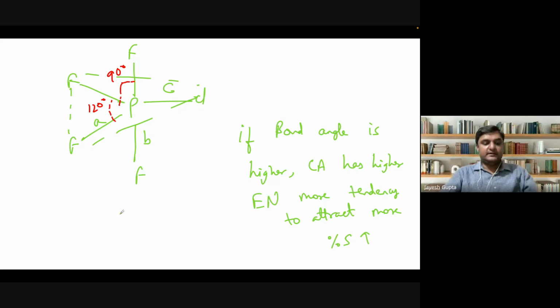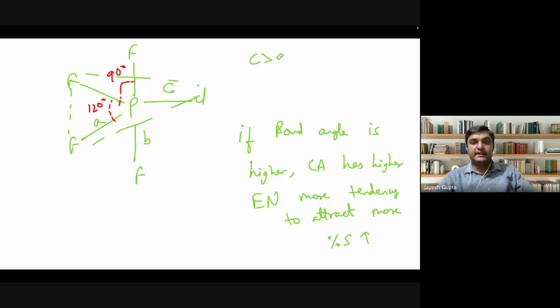So here, if I compare axial bond length with equatorial bond length, between A and C: for C, you can see it is 90 degree. So less bond angle, less percentage S character. For 120 degree, higher bond angle, more En, more percentage S character. So that's why the 120 degree bond length will be shorter.